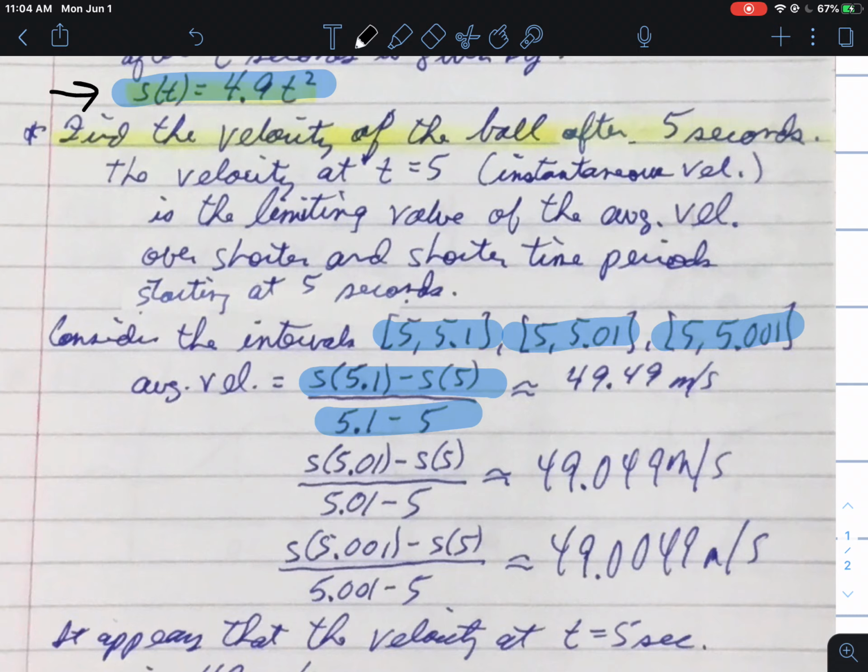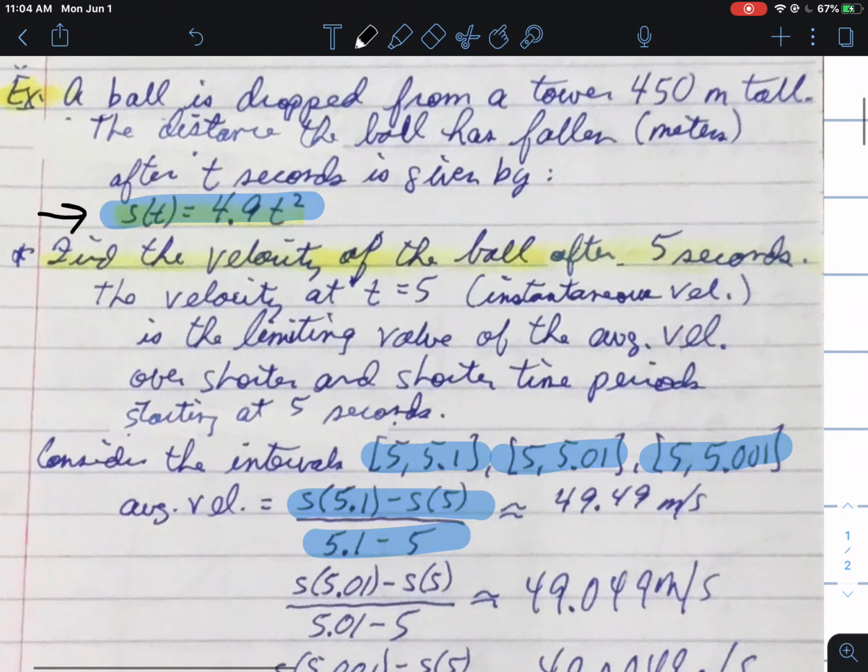So what is it that we're calculating when we say S of 5.1? Well, that's the distance, right? That's the distance that the ball has fallen after 5.1 seconds. And then what is S of 5? S of 5 is the distance the ball has fallen after 5 seconds. So that's the distance traveled between 5 and 5.1 seconds, and that's given to us in meters in our problem.